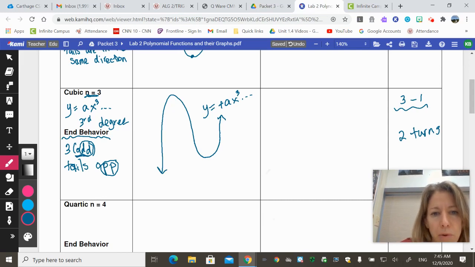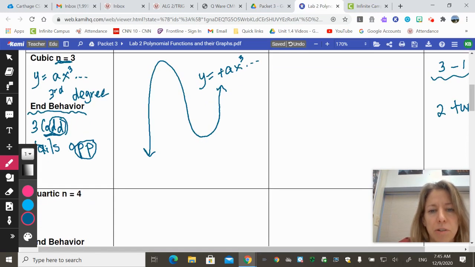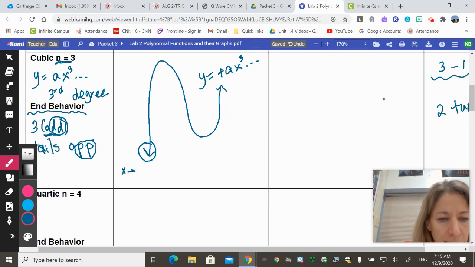All right. With this example, I'm actually going to talk about the notation that we mentioned in the first lab. So basically, I have a left tail going down. If we're talking about the left side, we're saying x is approaching negative infinity, because on the x-axis, the negatives are on the left side.